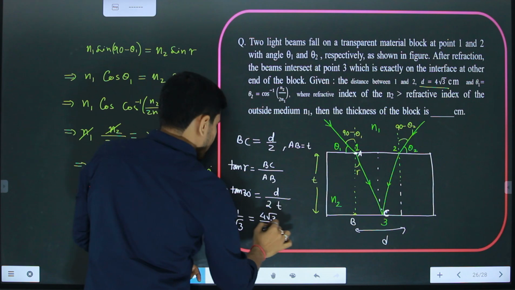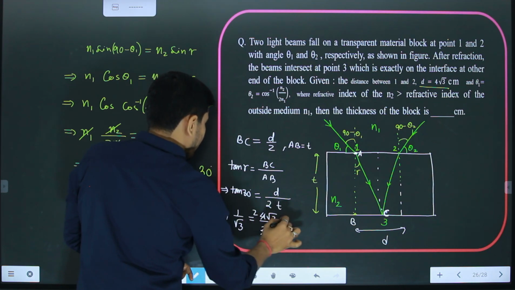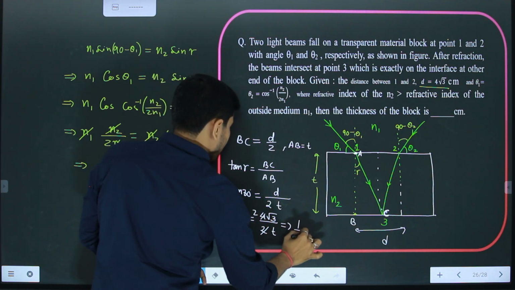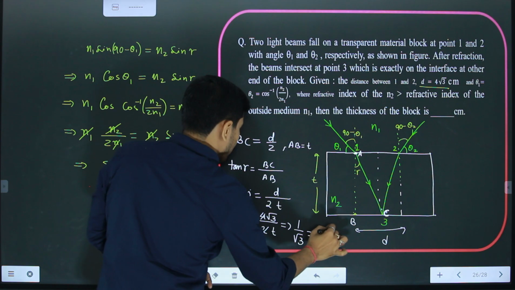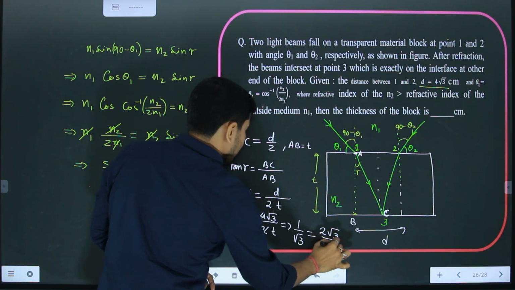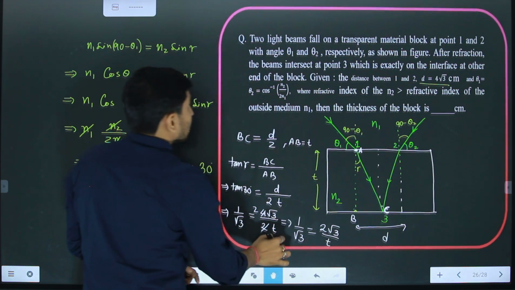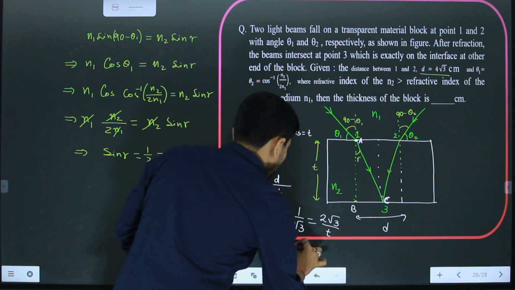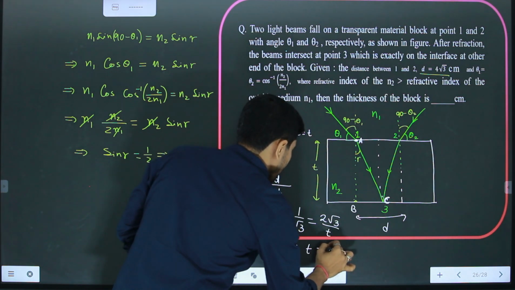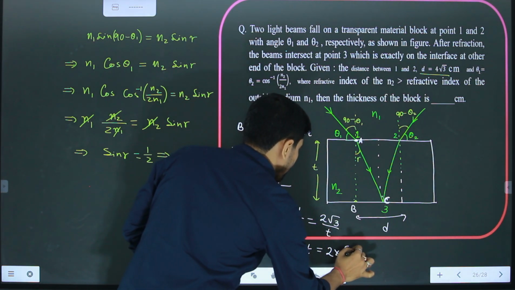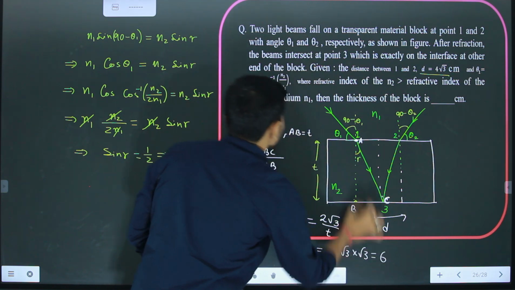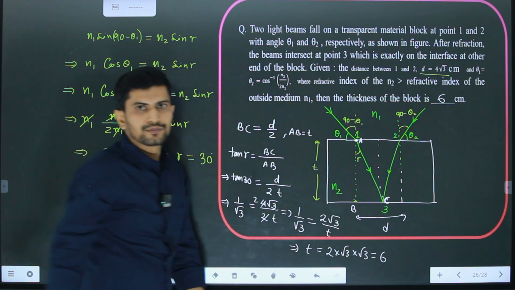So this 2 and 4 will be cancelled, so 1 by square root of 3 equals 2 square root of 3 by t. If I do the cross multiplication, this will be 2 multiplied by square root of 3 into square root of 3, which is 6. So the answer is 6 centimeter.